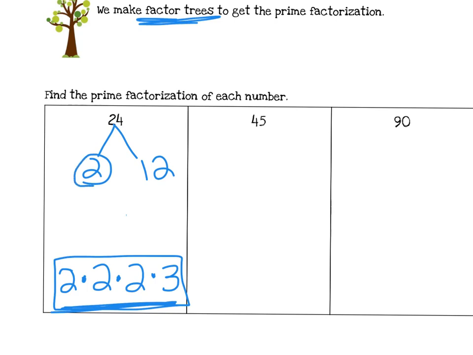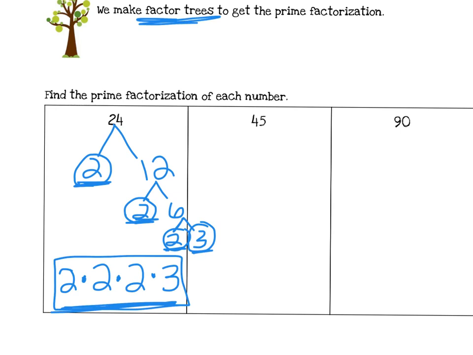Always circle your prime numbers. 12 is not prime, so I'm going to factor that down into 2 and 6. 2 is prime, 6 is not. So we have 2 and 3. 2 is prime, 3 is also prime. So look at my factors here again. 2 times 2 times 2 times 3, which is exactly what we got the first time.